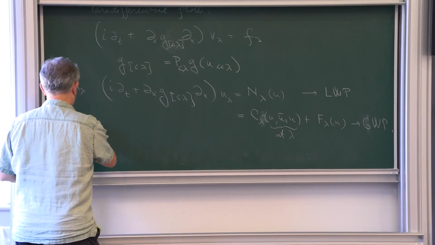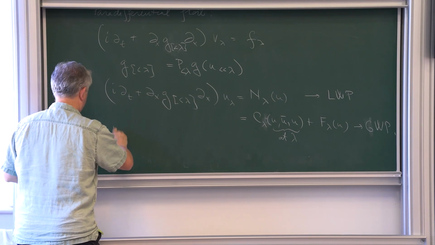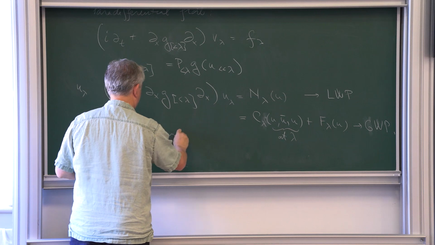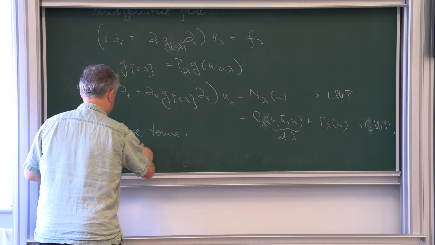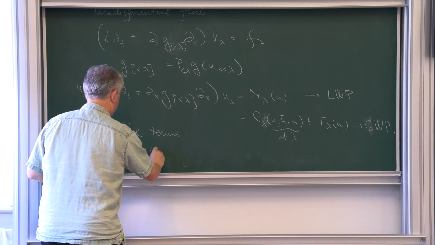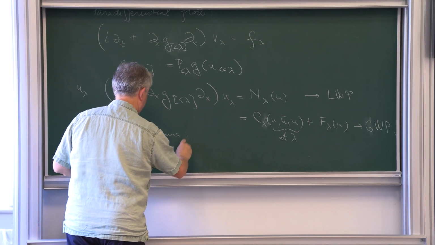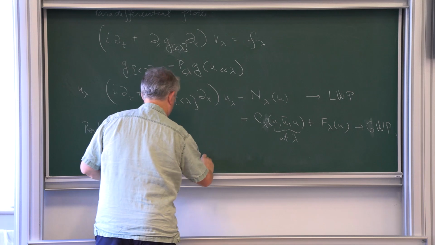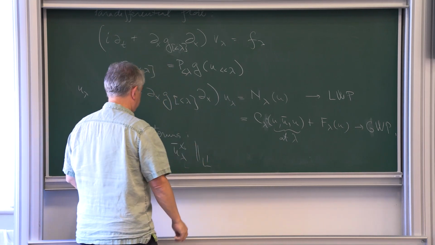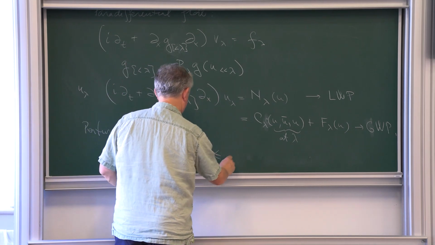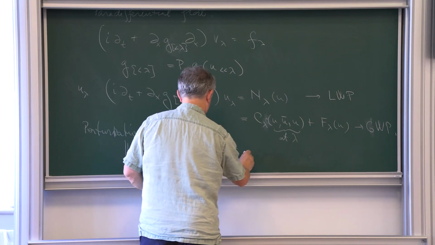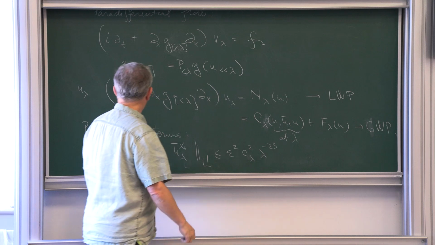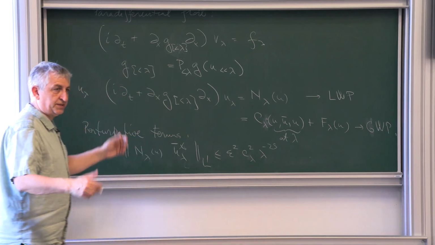So perturbative terms would be something which satisfies, let's say, norm of n lambda of u times u lambda x0 bar in L1 smaller than epsilon square c lambda square lambda minus 2s, because we would be working with this in HS, let's say.